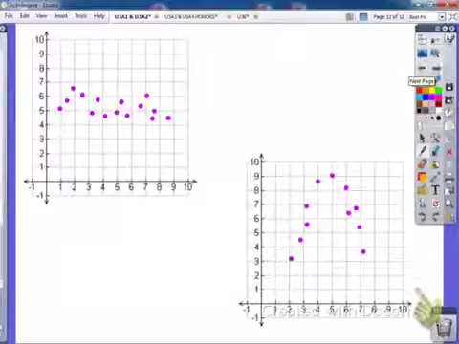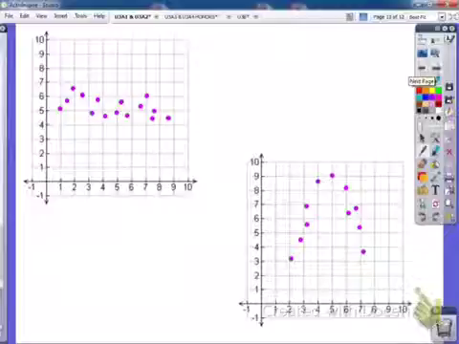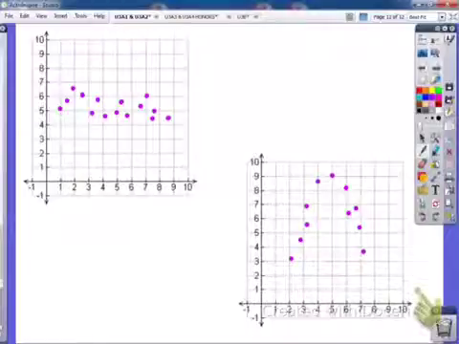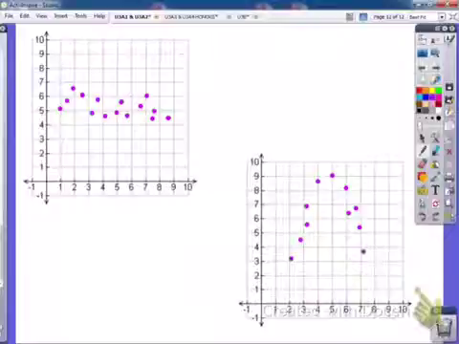What does this one right here look like it's going to be? Probably linear. Let me ask you, could this actually be quadratic?